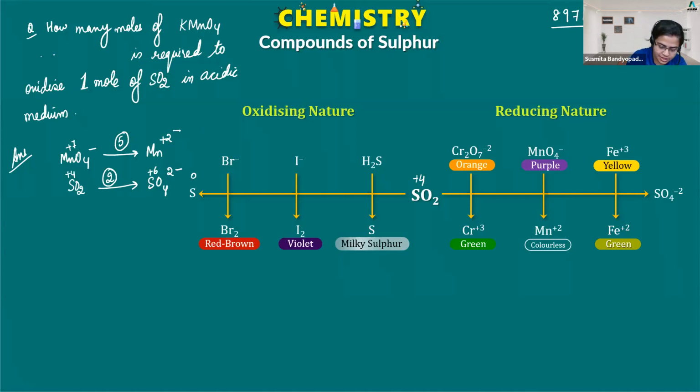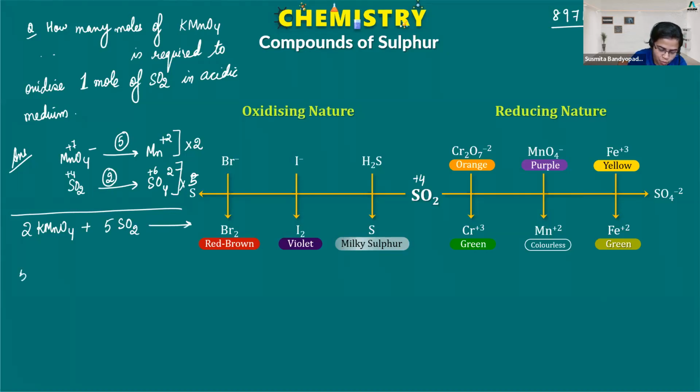So what we do is equation 1 into 2, equation 2 into 5. It's basically 2 KMnO4 reacts with 5 SO2 and so on.